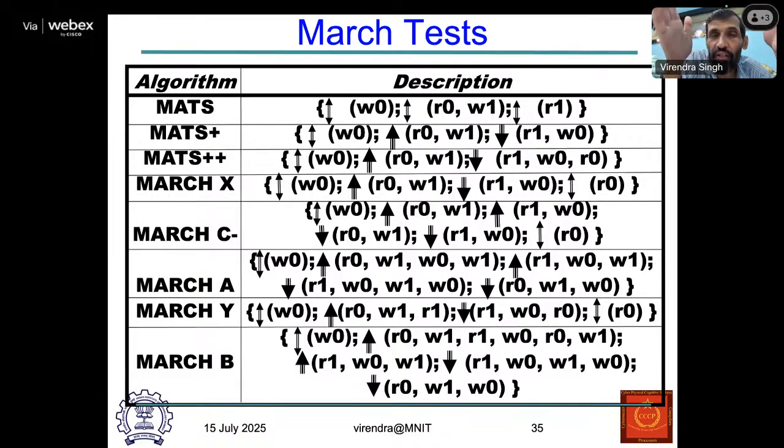We make use of the limited functionality of these devices, make a simple functional model, and based on it develop the fault models. The fault models we have used here are the stuck-at fault model, transition fault model, coupling fault model, and then the pattern sensitive fault model.